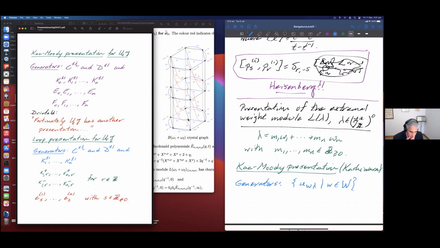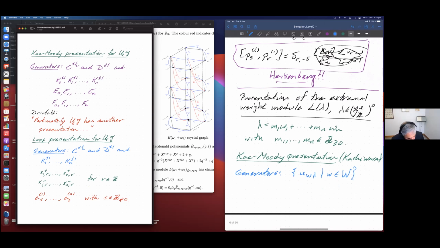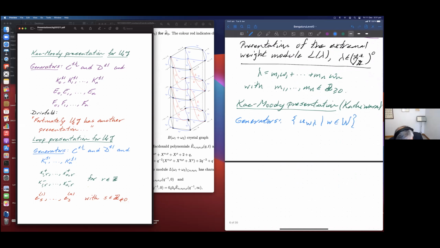Here's my picture. To make these generators, I take one dot. This is u_lambda. And then I move that around to create more dots.